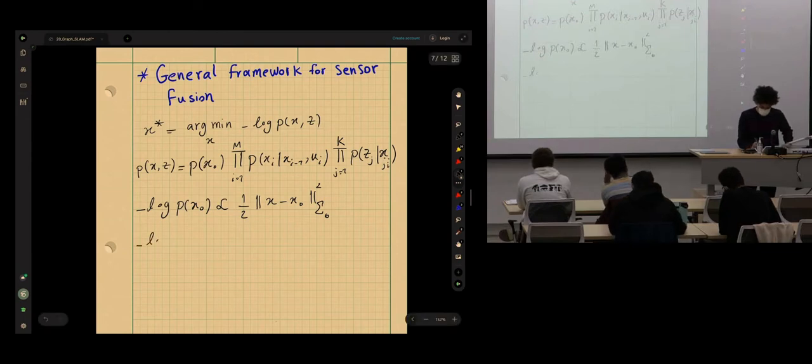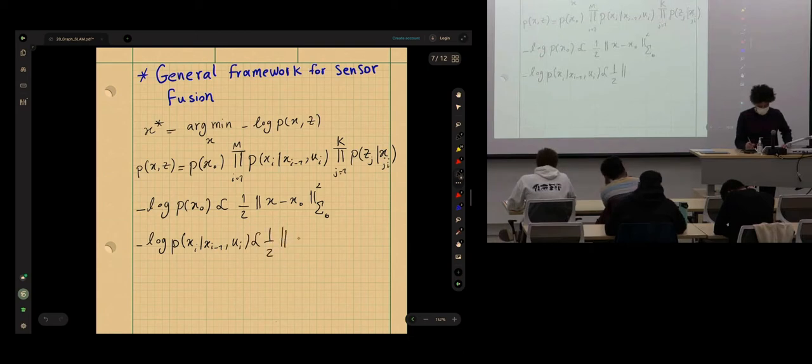So the negative log of the motion model is proportional to 1/2 of the norm squared of the motion model minus x_i.